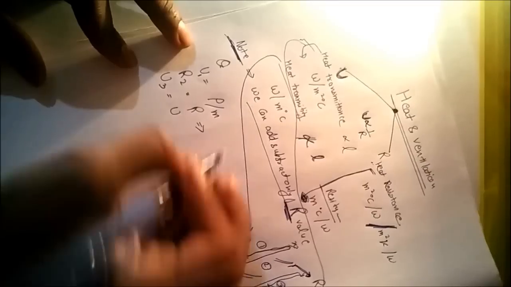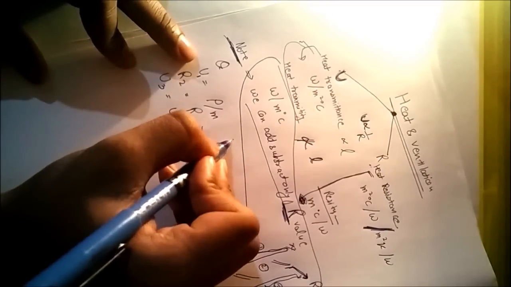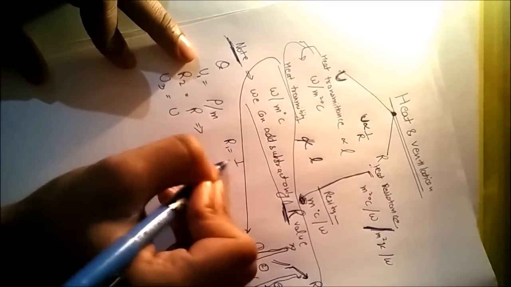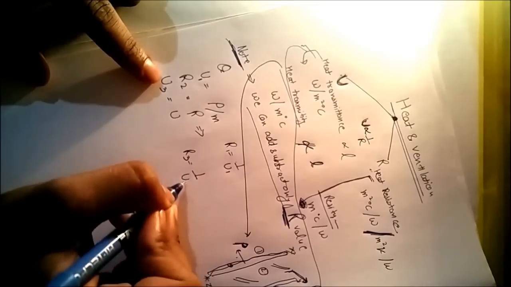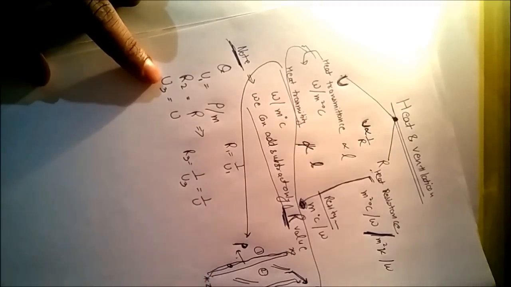This is already converted, so R1 will be 1 upon U1, and R3 will be 1 upon U3, that is 1 upon U.